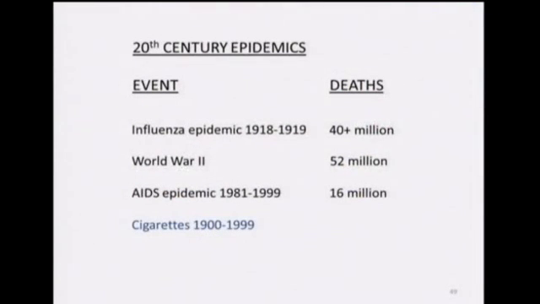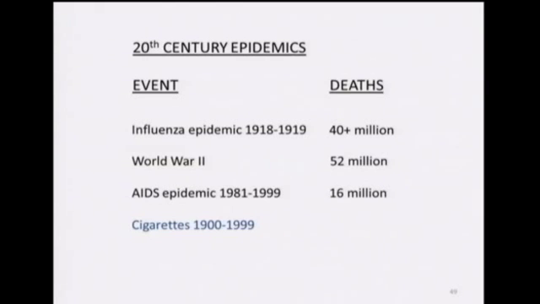Okay, so if I come back to this table here, I will have the cigarettes, and again I'm going to count to 3 and give you time to guess what you think is the number of deaths that cigarettes caused during the 20th century.